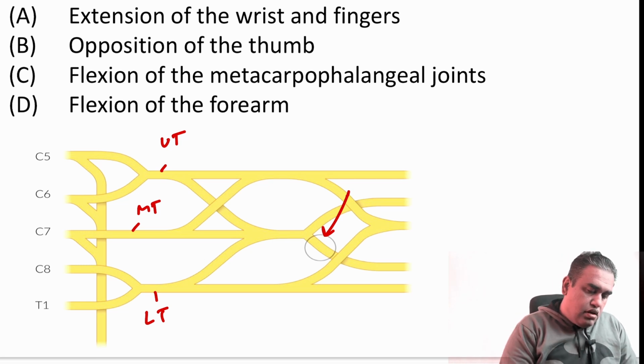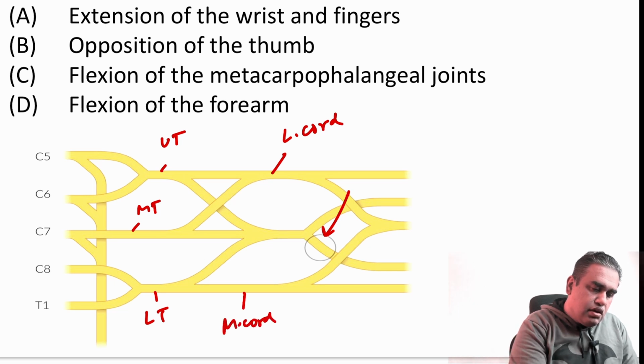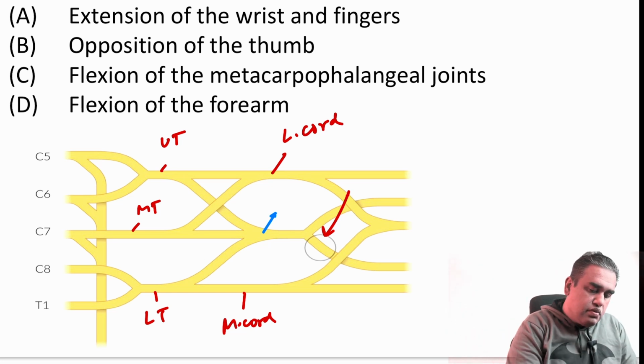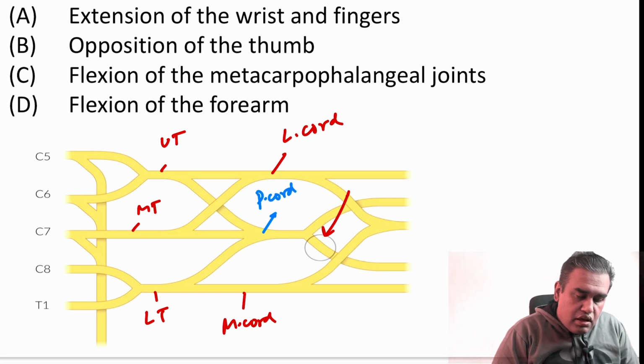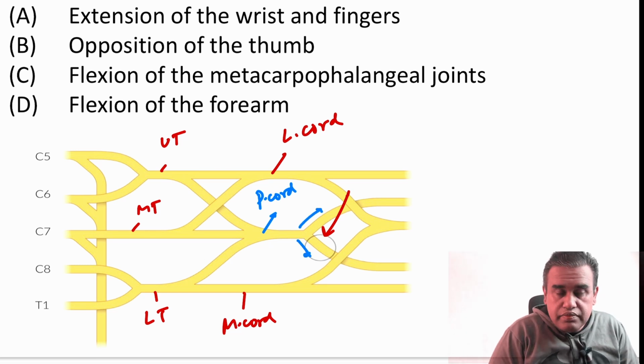Now the ventral rami of the upper and middle trunk, they form this lateral cord. The ventral rami of the lower trunk will form the medial cord. And now this blue color, from the dorsal rami from all the three trunks, they form the posterior cord. You can see over here that this posterior cord is giving off two branches and one of them is labeled.